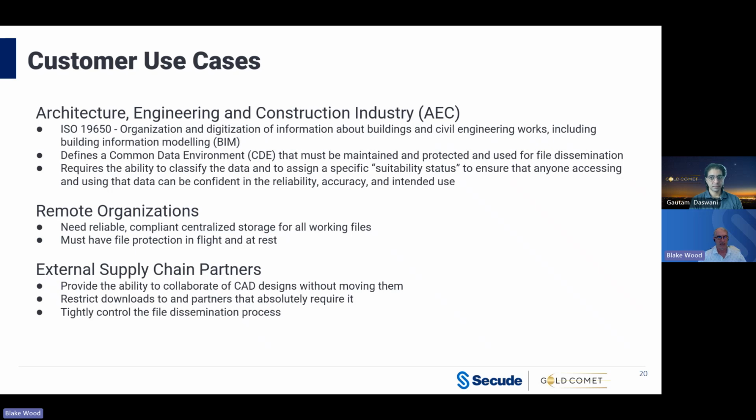So again, we beat you over the head with CMMC, but this can be used for other types of applications. Also, any remote organizations that need this type of ability, whether you have CAD or not. Again, this is the primary business of Gold Comet outside of what we do, which is more focused on the CAD side.